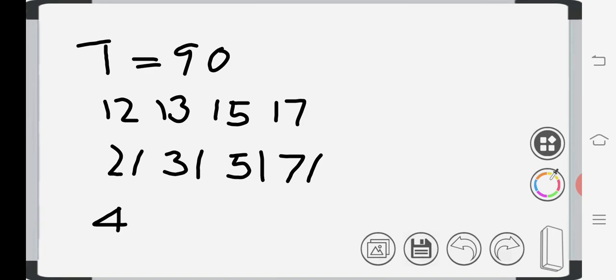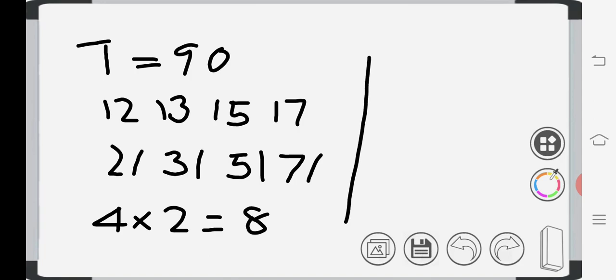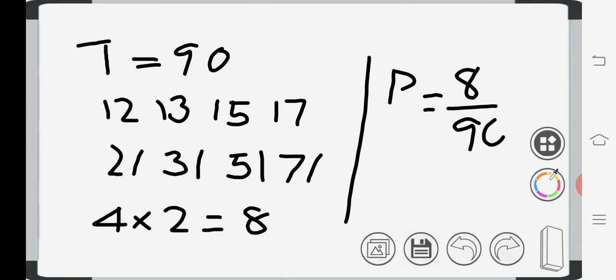That is 4 into 2, which is equal to 8. So its probability is equal to 8 out of 90. Simplifying, we get 4 by 45.